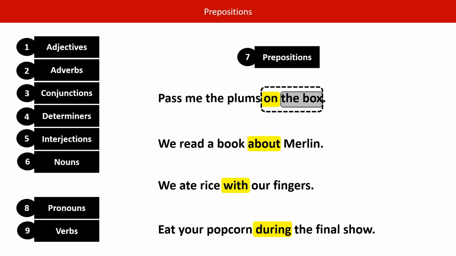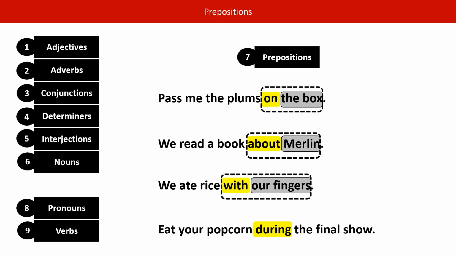About Merlin. That's our prepositional phrase. With our fingers. Remember, fingers is the object of the preposition. Ours is just a modifier. That's our prepositional phrase. During the final show. During is our preposition. Show is the object of the preposition. The words the final are just modifiers. During the final show is our prepositional phrase.